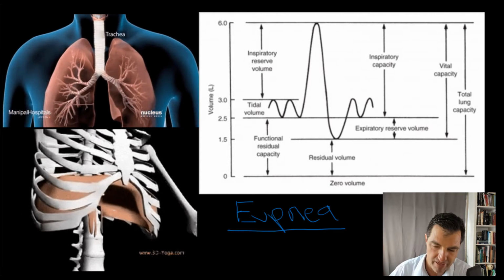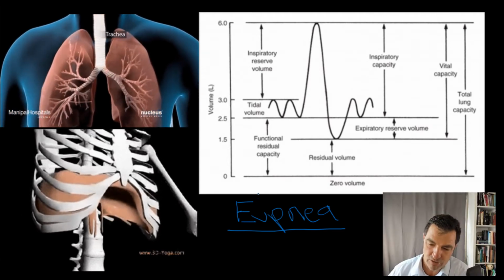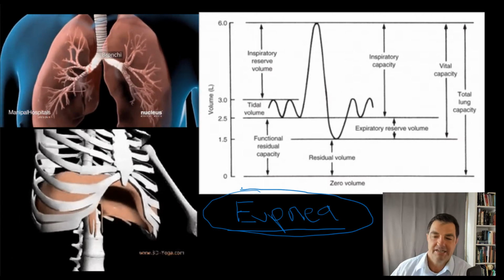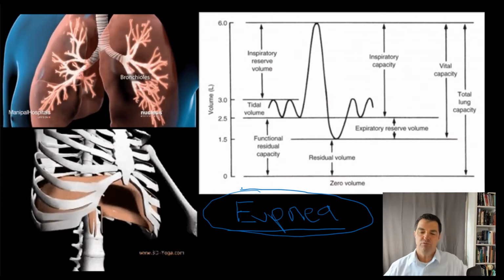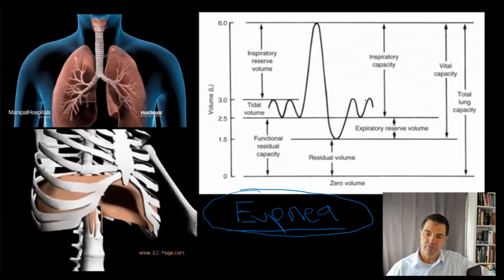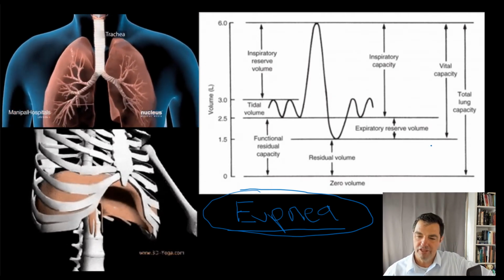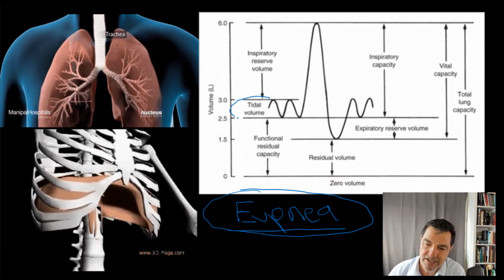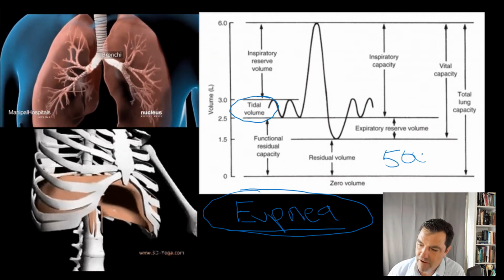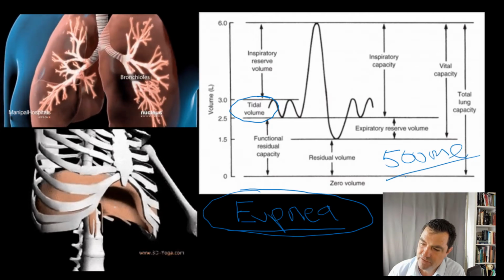In eupnea, I am breathing in and out a specific volume of air, and we call that volume a tidal volume. It tends to be around 500 milliliters of air.